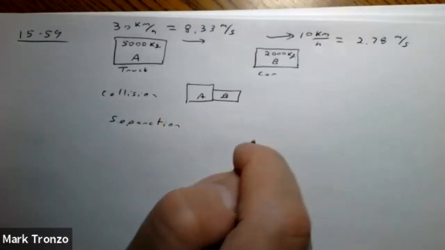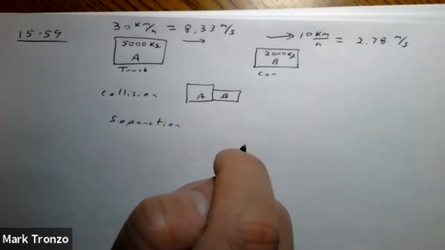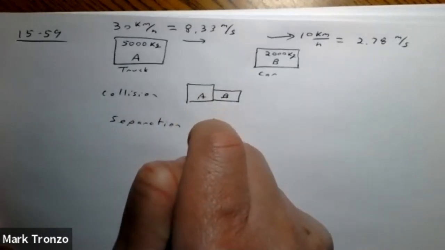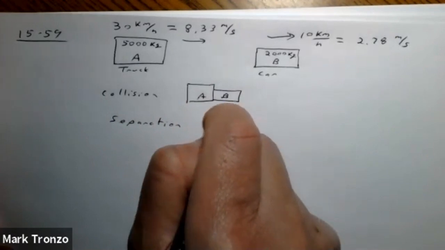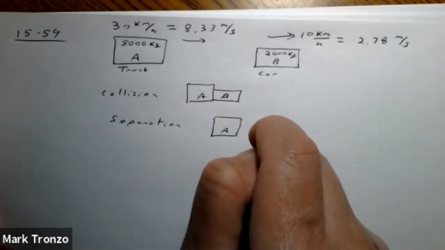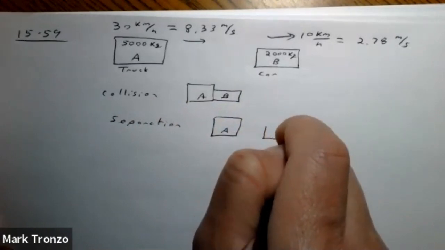It's hard to say, but let me look ahead. If you calculate, they're both still going to move forward. We don't know that yet, but when you do the numbers, we'll find in a minute that that's true.